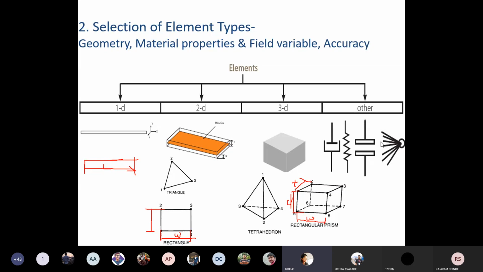Yes, sir. Which element will you prefer for the chassis frame? Two dimensional, only triangle. See here, you have to use a one dimensional element because these are pipes having small diameters. Am I right? If you go for the frame, these are pipes of small diameters, and you can do it by two dimensional elements also.